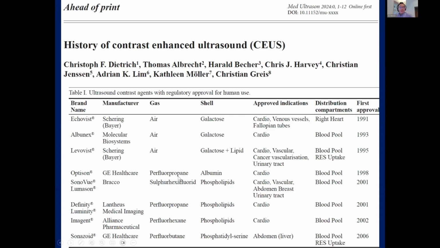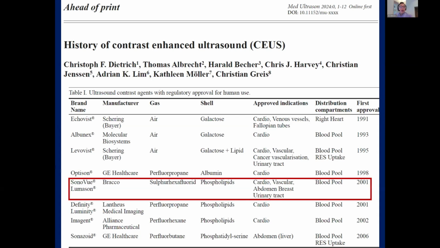But the mainstay of contrast within Europe you'll see is Sonoview, also known as Lumoson, produced by Bracco, and Lumoson is its trade name in the US. It's been the mainstay, and for most of us, this will be the main contrast agent used in radiological departments that we use today.